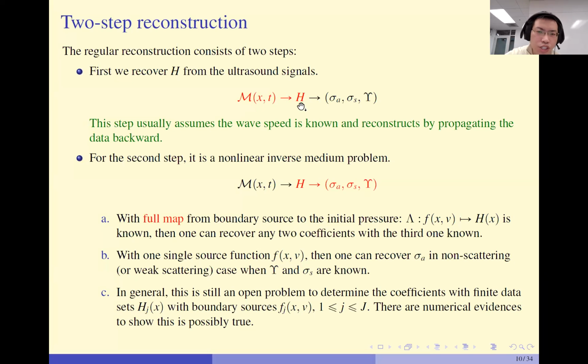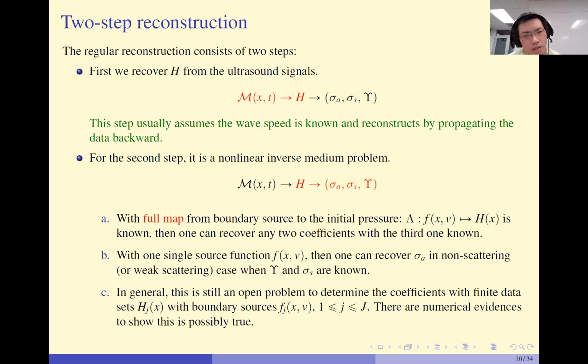This step usually assumes the wave speed is known, and the reconstruction will be quite stable if you back propagate the signal into the medium with this known wave speed, for example, a constant wave speed. But if the wave speed is unknown, then a small perturbation in the wave speed will trigger quite a large distortion in the reconstruction. There is a very famous result by Stefanov and Uhlmann that shows there is no positive Sobolev stability for this kind of process.